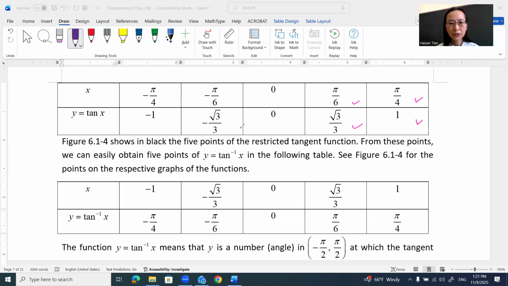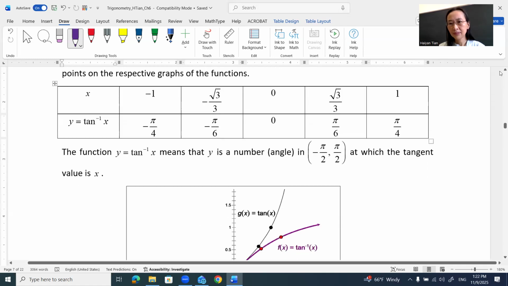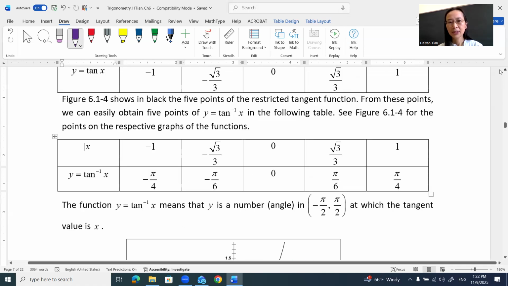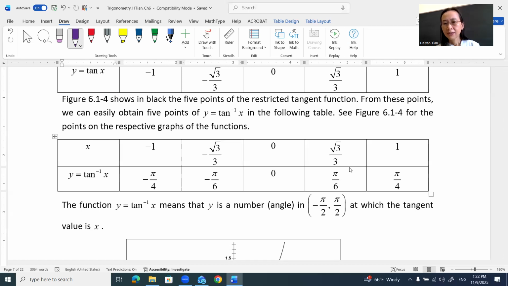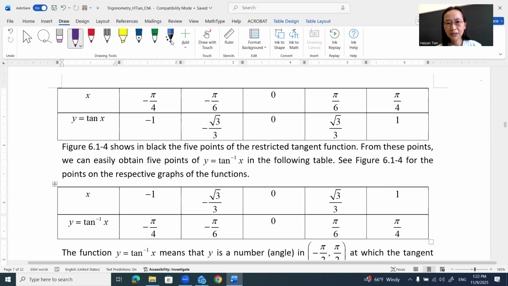After we have this, we know we can reverse. Each time we have a pair (a, b), we know that (b, a) is on its inverse. So let's create a table for the inverse tangent. If you do a quick comparison, this table is simply based on the above table.